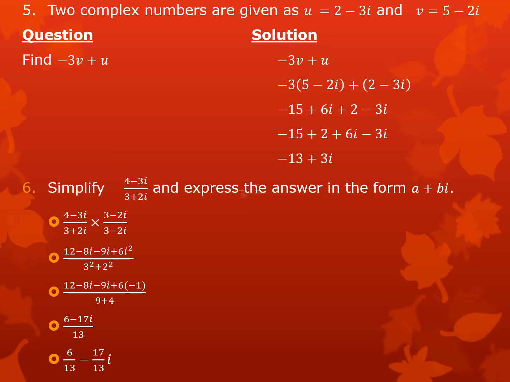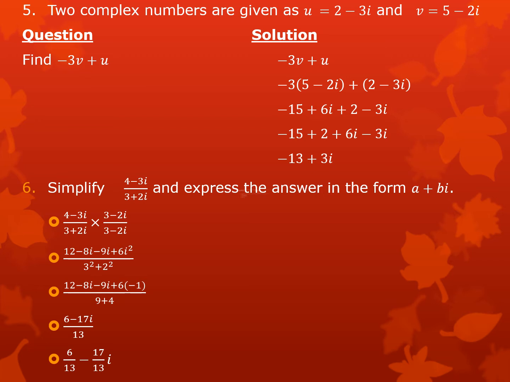Negative 3 times 5 is negative 15. Negative 3 times negative 2i is positive 6i. So negative 15 plus 6i plus 2 minus 3i. Then we have to collect the real parts together and the imaginary parts together.